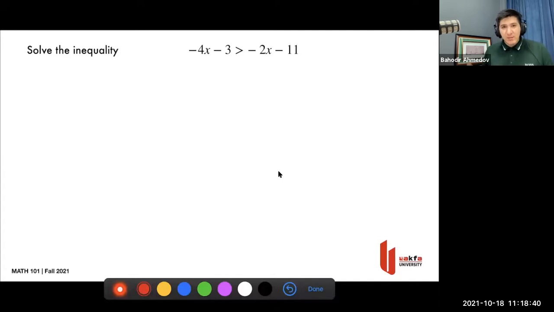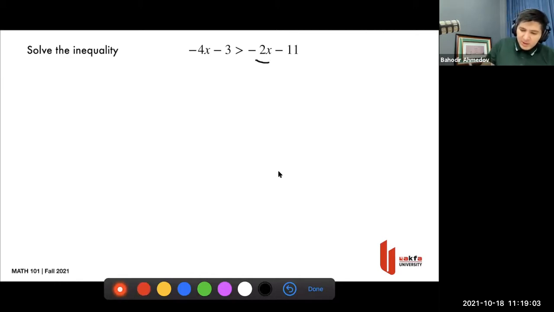So now I think we are ready to do a couple of exercises solving inequalities. Let's say I've got this inequality, and I need to find a solution of it. What I need to do is regroup all of the terms with the x to one side and all of the terms without the x to the other side.